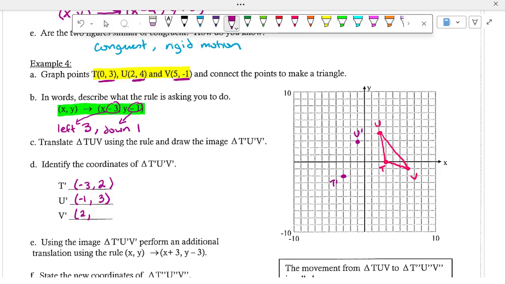So -1 minus 1, what is it? -2. So V prime would be at 2, -2. What did I graph wrong? Oh, this should be at +2. My bad.